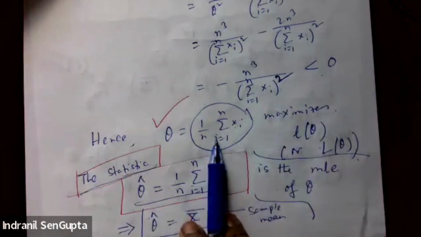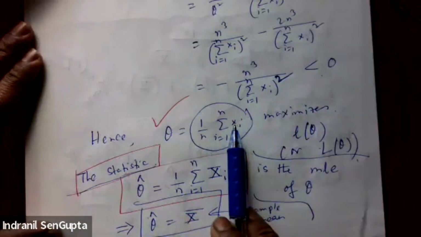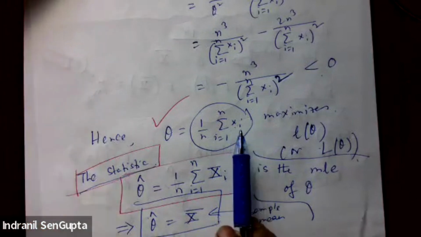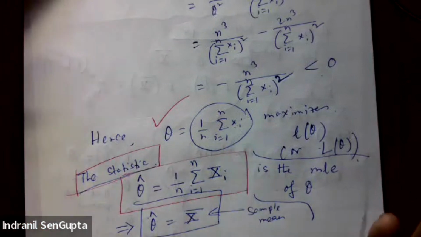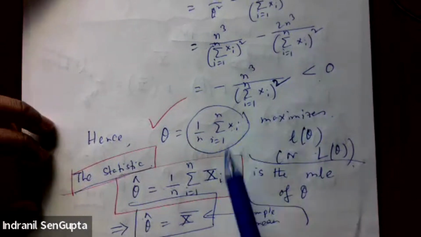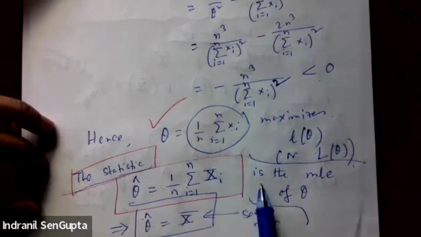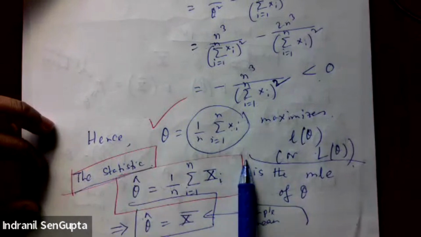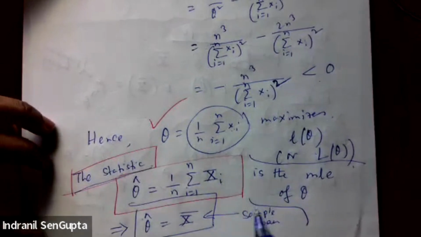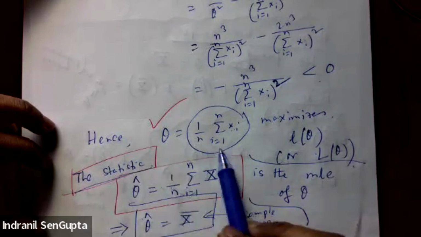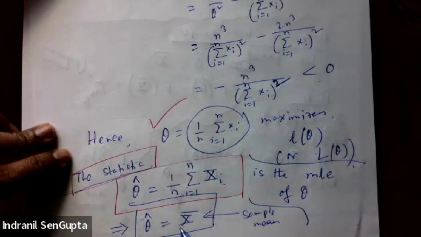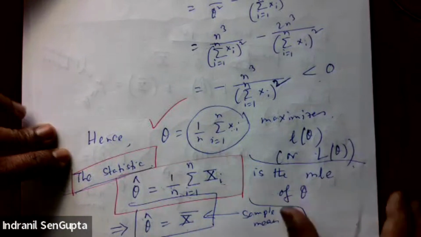Now we have this little xi. If you want to construct a statistic, it should depend on the random variable. So we replace these little xi's by the big Xi's, and construct a statistic accordingly. Now we can recognize this as x bar, so this theta hat is x bar.